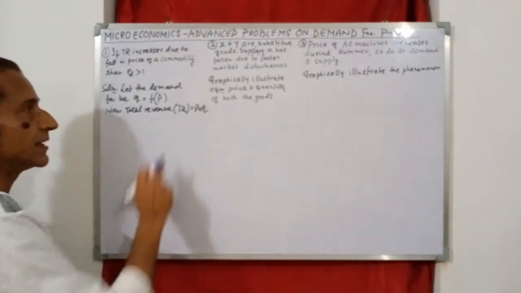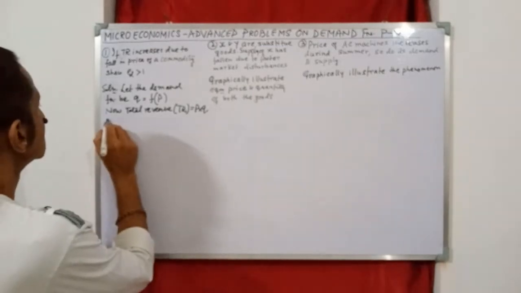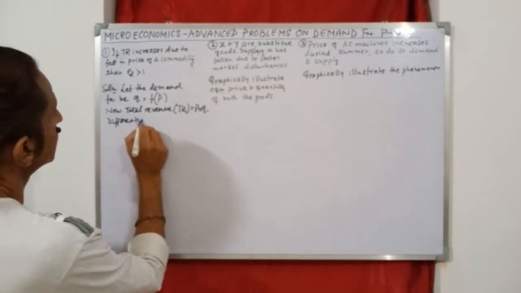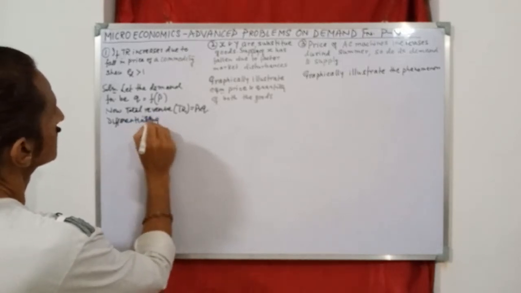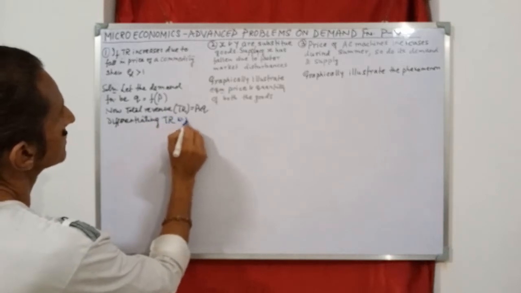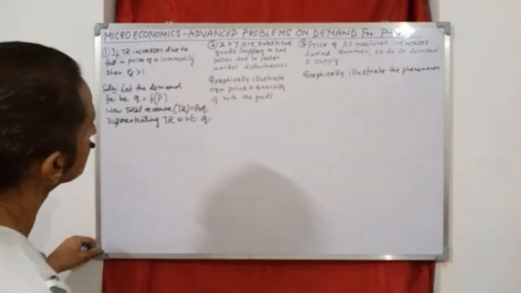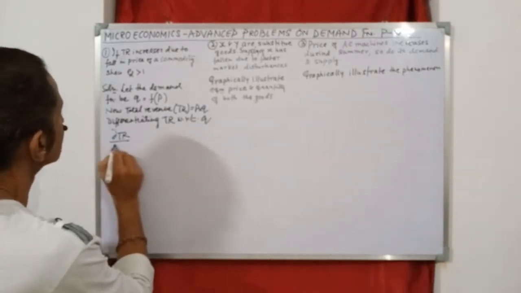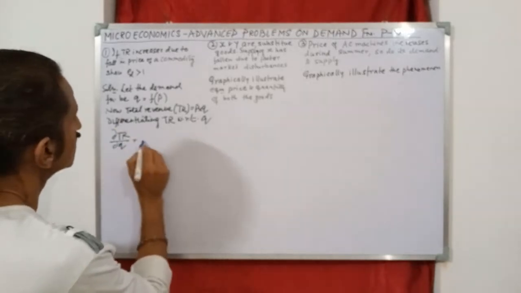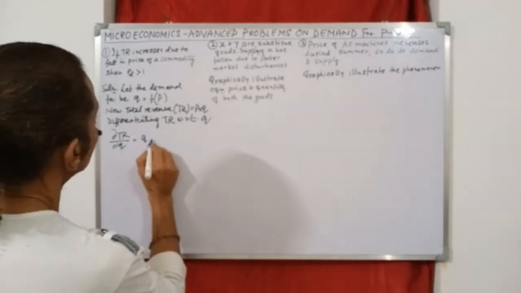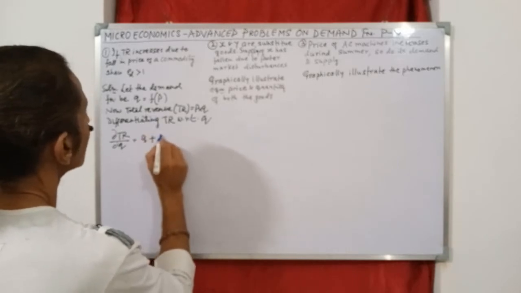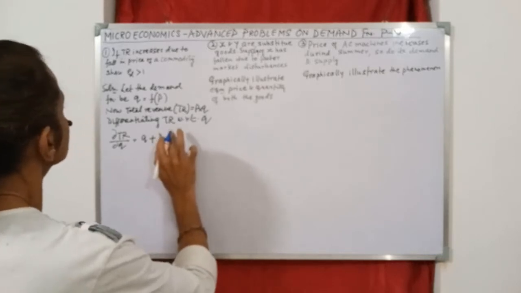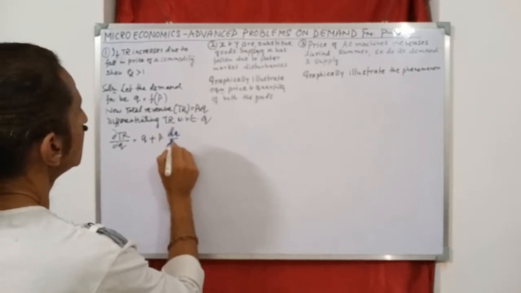Now differentiating TR with respect to Q. What we get? We get del TR del Q equals to Q plus P dQ dP.